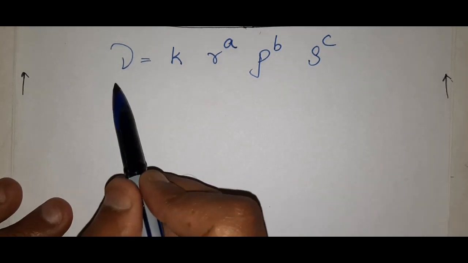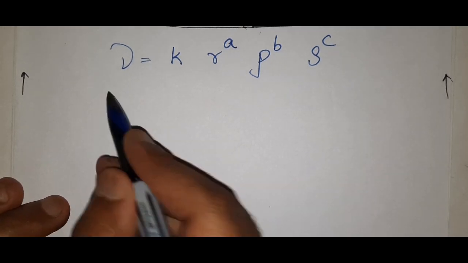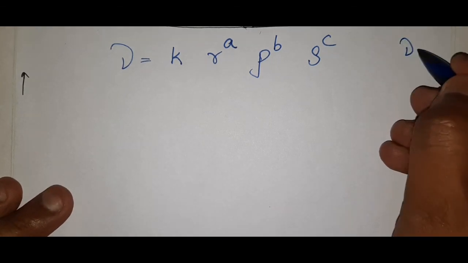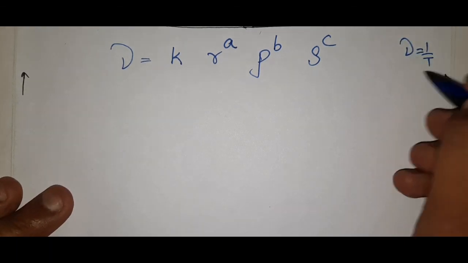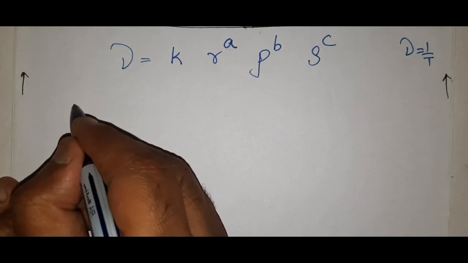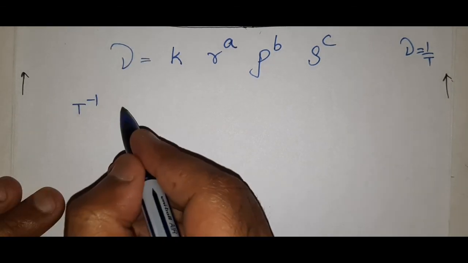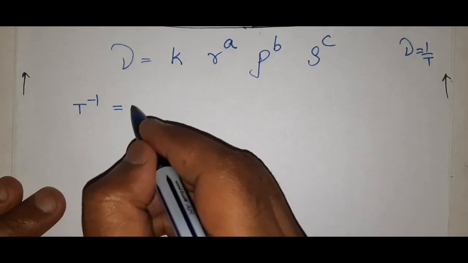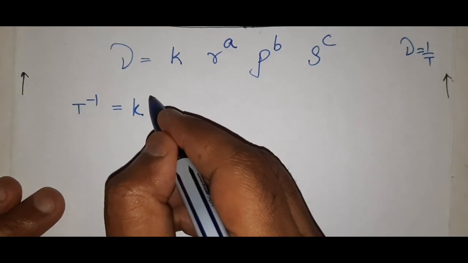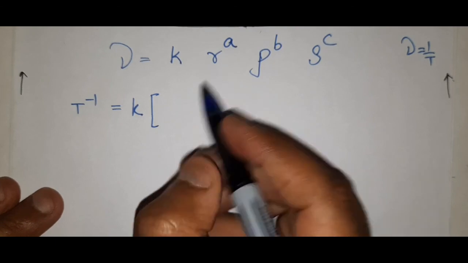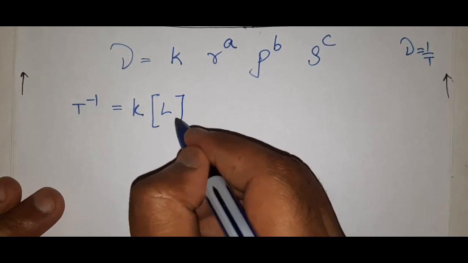Frequency is inverse of time period, 1 by T, so T minus 1. This is T minus 1. Mass, length: power 0. K is constant. Radius is length raised to the power a.